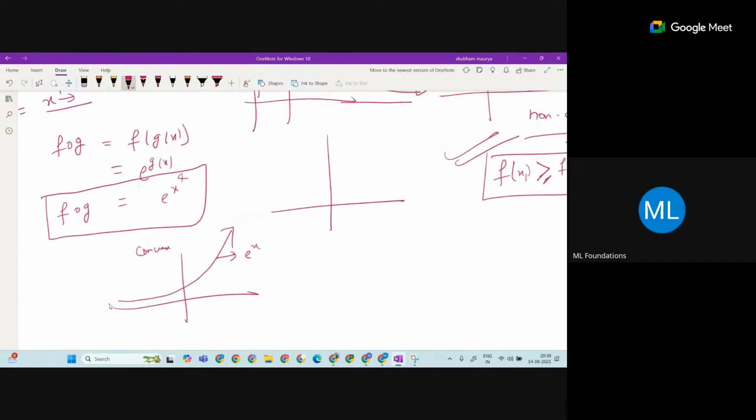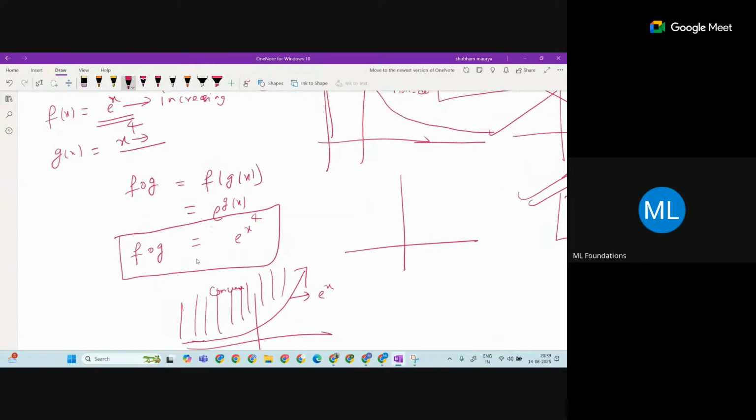Here e power x is not only increasing, it is also a convex function. Easily you can check with the epigraph: if you take the epigraph of it, that is a convex set. So this is a convex function, and the composition of both that I am taking is convex. Thanks for correcting me.